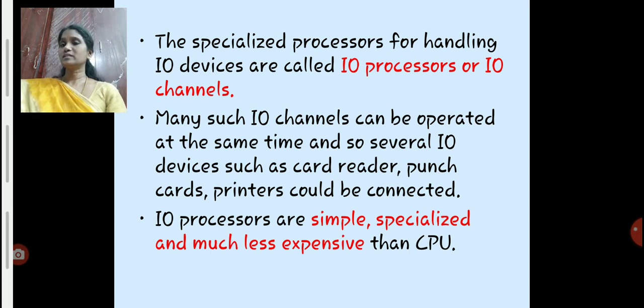Because each IO channel handles only one IO device, we can have many IO channels if we have many IO devices. The IO processors are simple, specialized, and less expensive than the processor, which is the CPU. They are simple processors which handle only the data transfer between memory and the IO device.